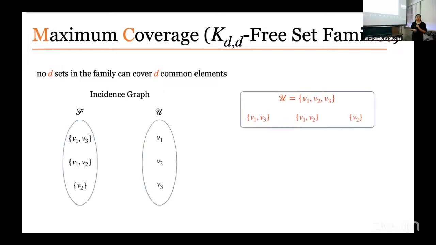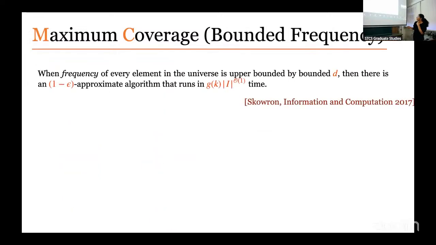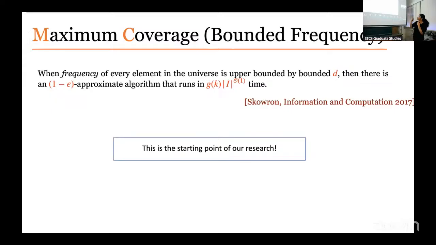Go back. What was the dependence on D in Skan's algorithm? The running time has K, epsilon, and D. So it's also in the exponent there? But K is not in the exponent. D is in the exponent. No, the exponent is of the input size.